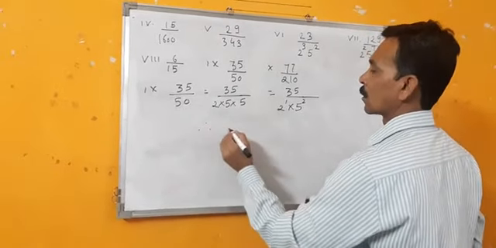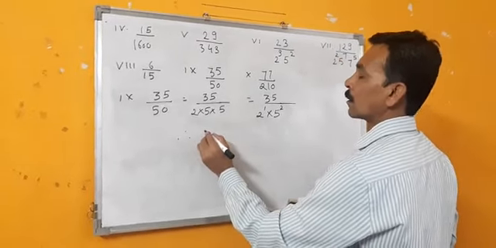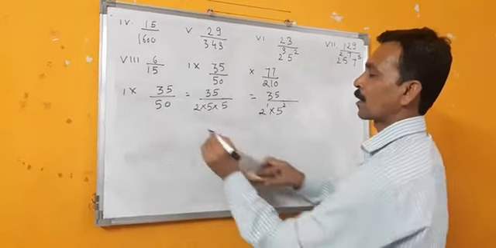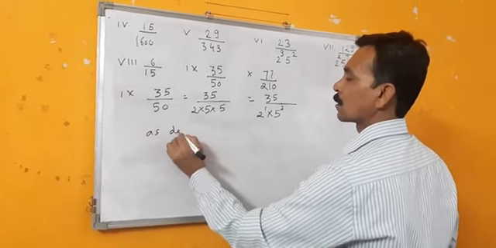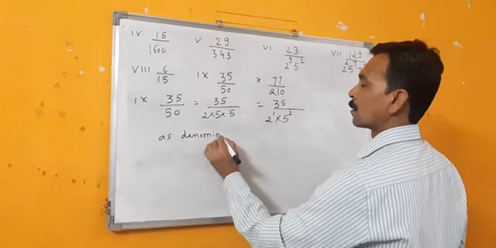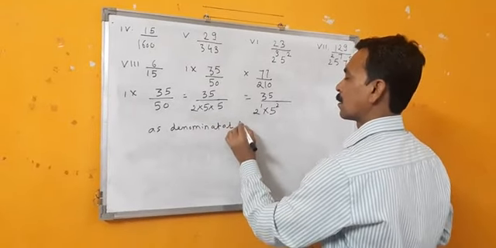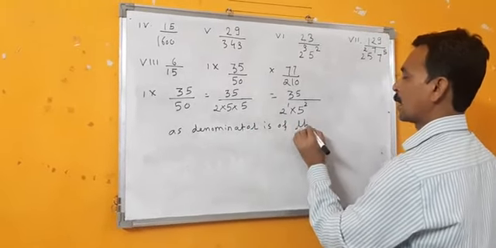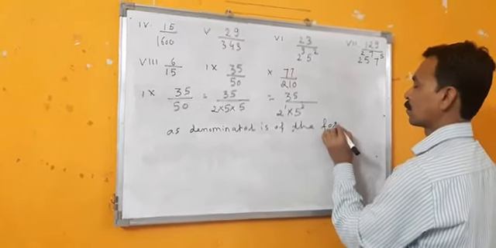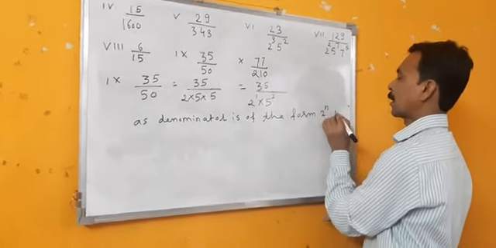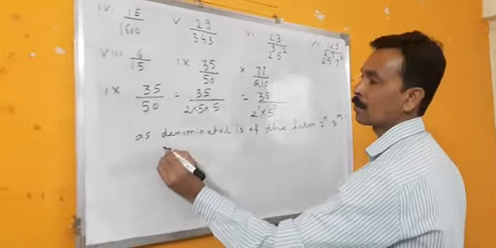Therefore, okay? Or instead of writing therefore, I will write okay. As denominator is of the form 2 raised to n into 5 raised to n.